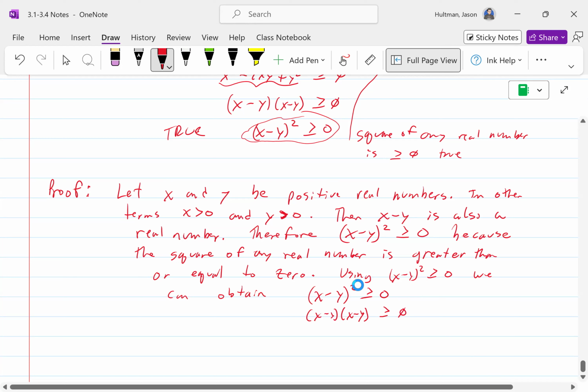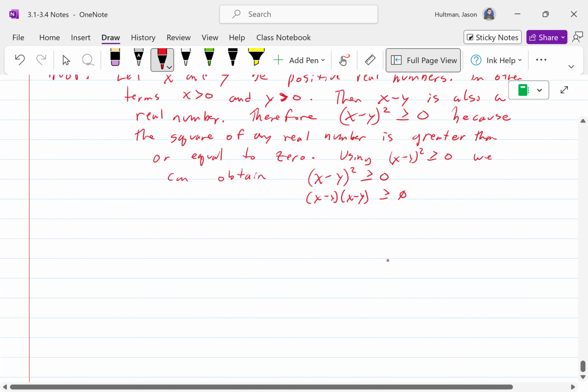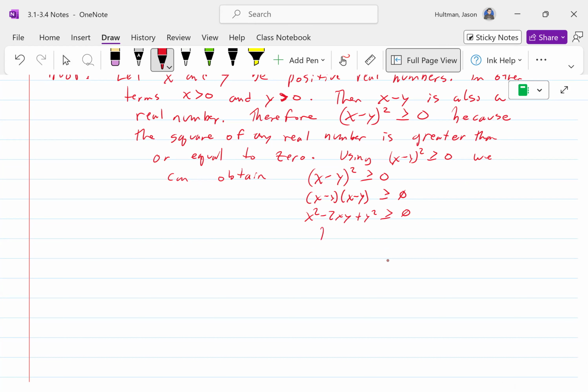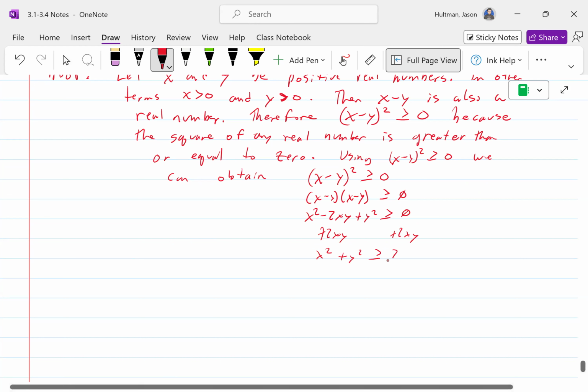Then we just follow our logic backwards. This is x squared minus 2xy plus y squared is greater than or equal to 0. Add 2xy to both sides. We get x squared plus y squared is greater than or equal to 2xy.